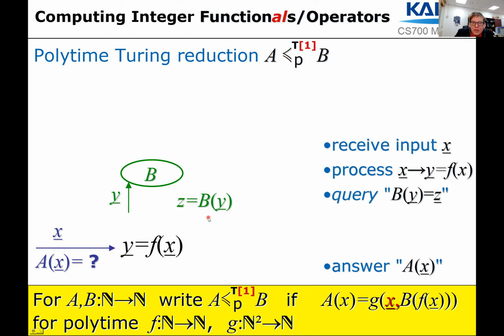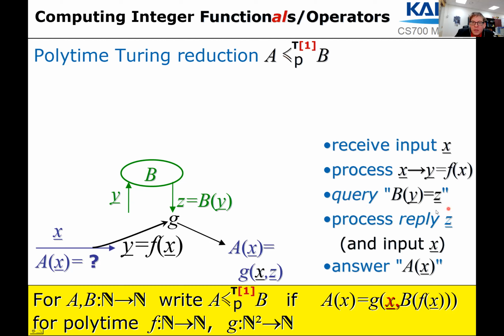And then we take the return value of B, which we here abbreviate with z, and apply another transformation to this z, which is here called G, which can make use of the return value z and can make use of the original argument x. So G is a function which receives two arguments to produce the desired value A of x. Okay.